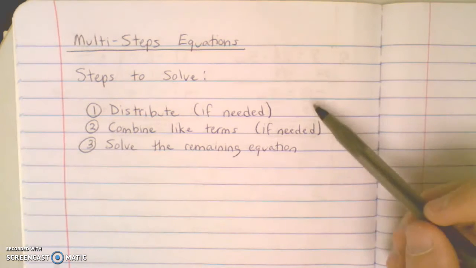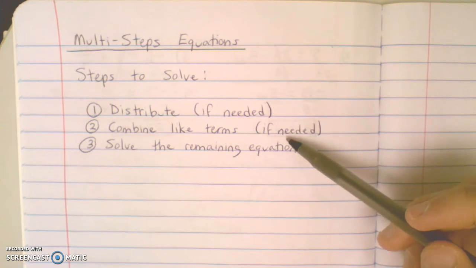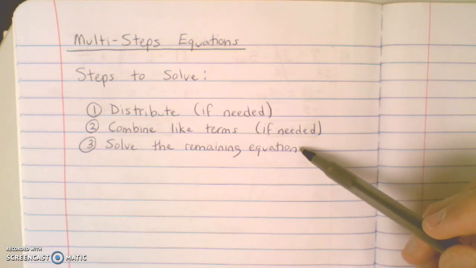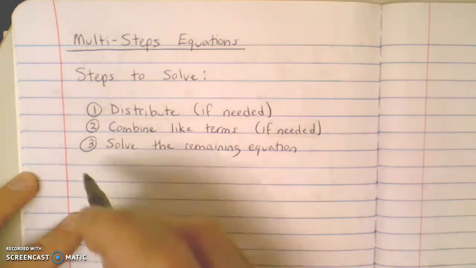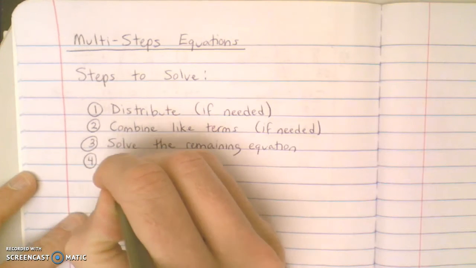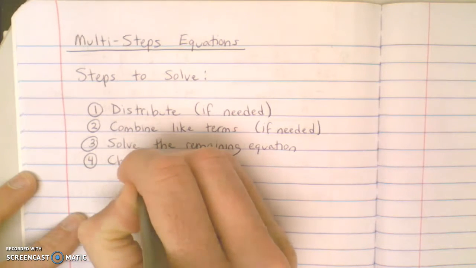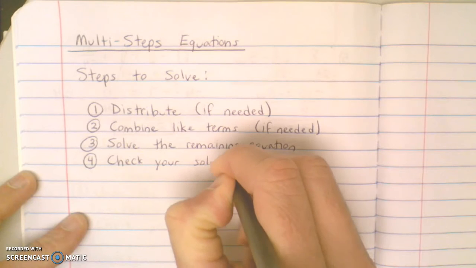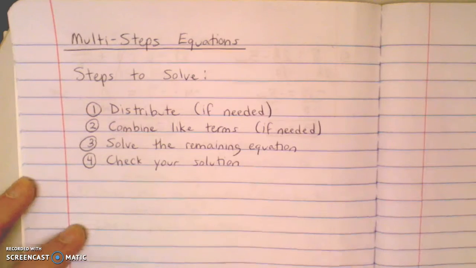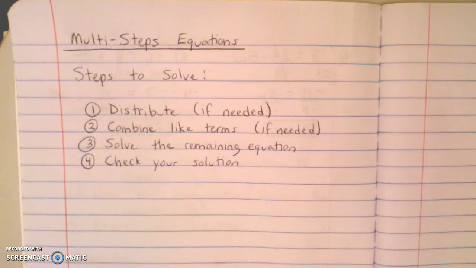So you distribute if there's any distribution, combine like terms if there's any combining like terms, and then solve. And then the last and final step is always check your solution. So let's take a look at an example.